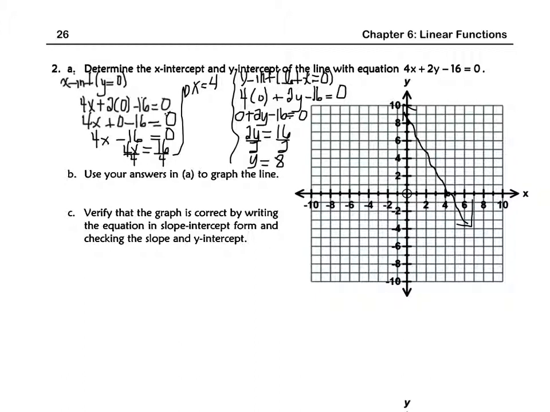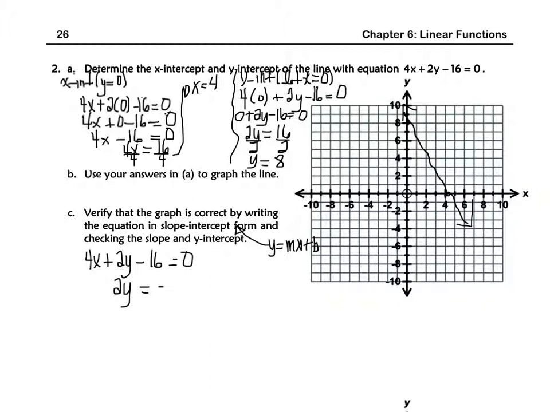It says verify the graph is correct by writing the equation in slope-intercept form and checking the slope and the y-intercept. So we take our equation and isolate, because y equals mx plus b form, that's what we want. The slope-intercept form, so we want the y by itself. So we're going to bring the x term and the constant over to the other side.